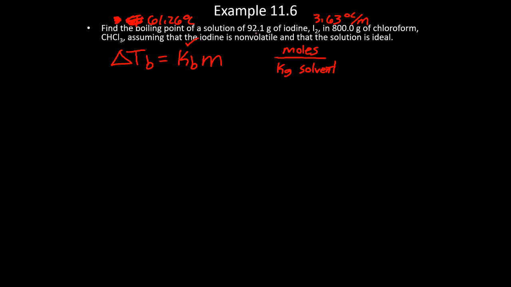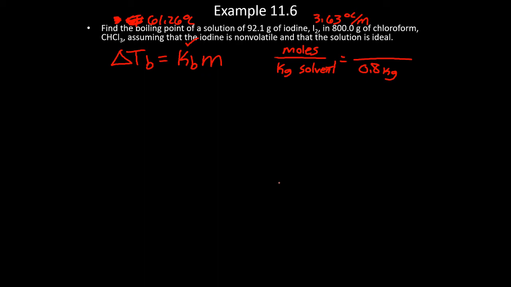The iodine is our solute, so that's what we need to determine the moles of. And the kilograms of solvent is pretty straightforward because we're given the grams of the solvent. So this is just going to be 0.8, since the chloroform is our solvent.